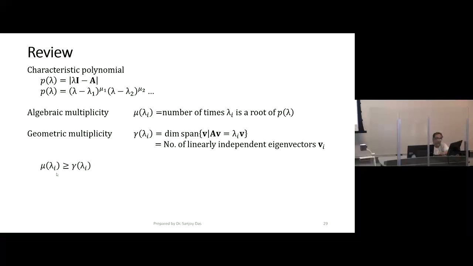The algebraic multiplicity is always greater than or equal to the geometric multiplicity. And what do we want? For a non-defective matrix, they have to be equal. All eigenvalues will exhibit this property.